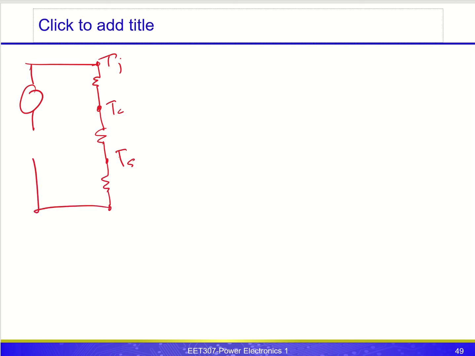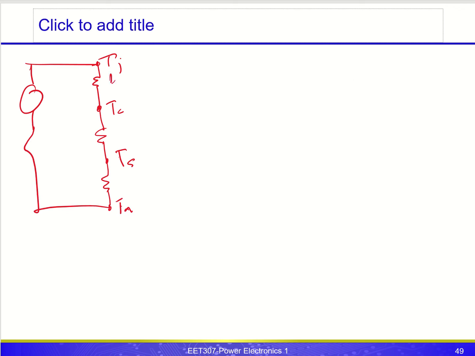Okay, so we just draw again. We have the value of the TJ, from the TJ to the TC, and then from the TC we have a T sink, and then we have another thermal resistance, and then we have the value of TA.